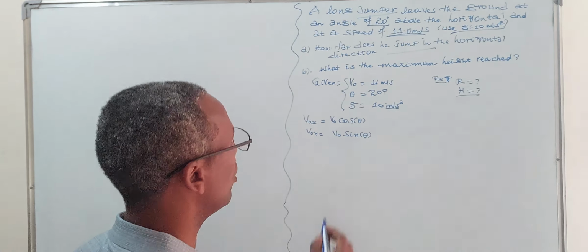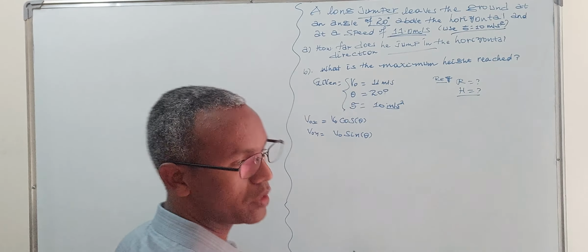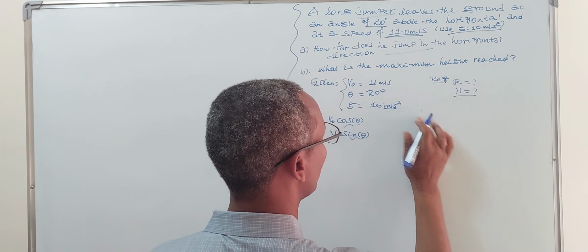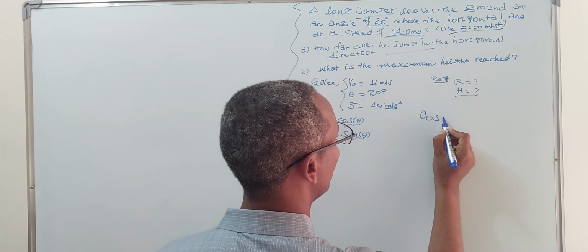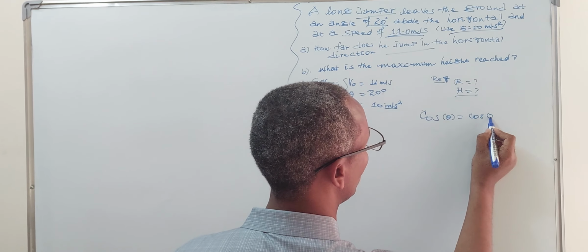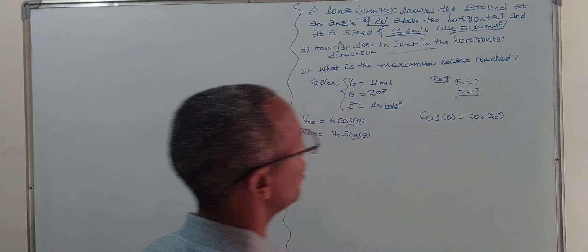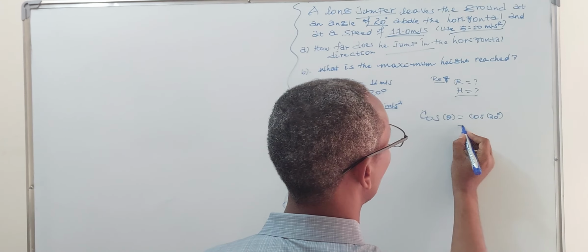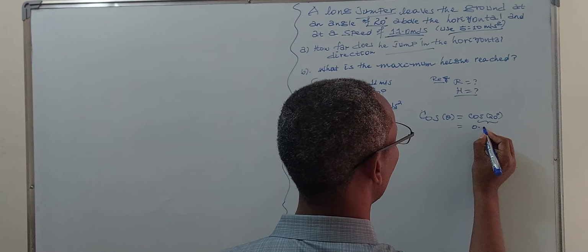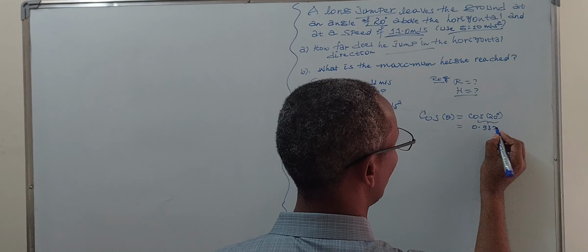First, cosine of theta is equal to cos of 20 degrees, which is a given term, equal to 0.9397, you may check it by yourself.